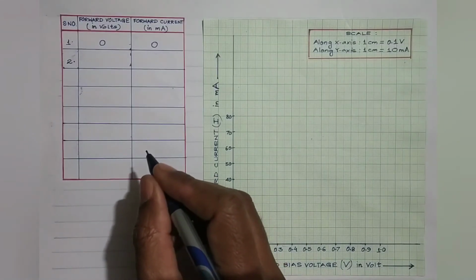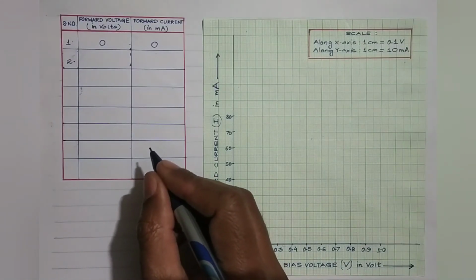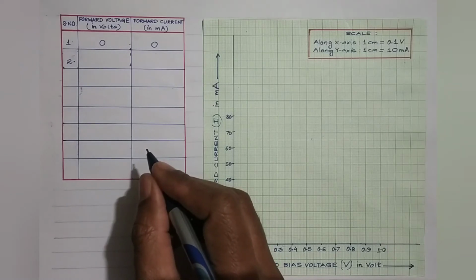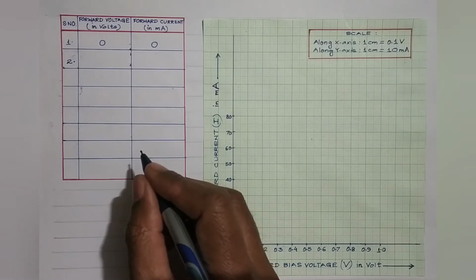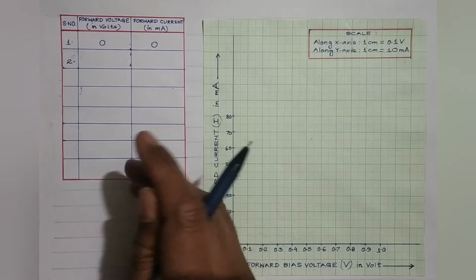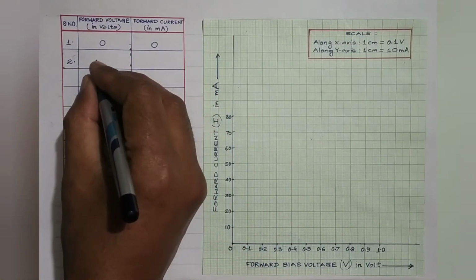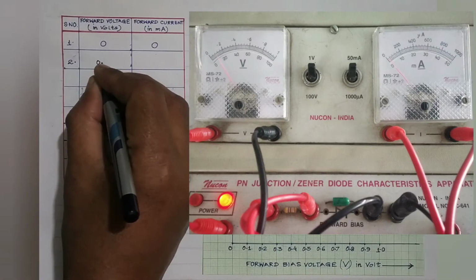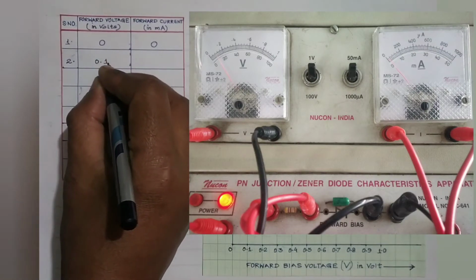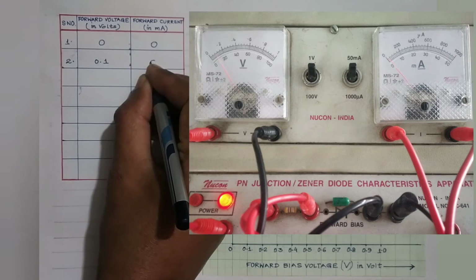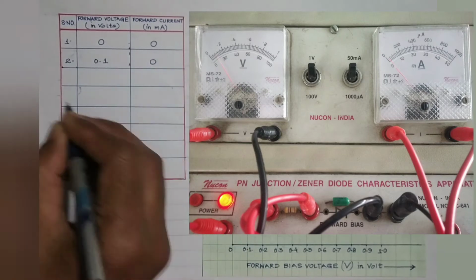In the second reading, students, in the beginning what happens is, as the applied forward bias is low, practically no current flows through the junction diode. Now for 0.1 volt, again the corresponding value of the current is found to be 0.